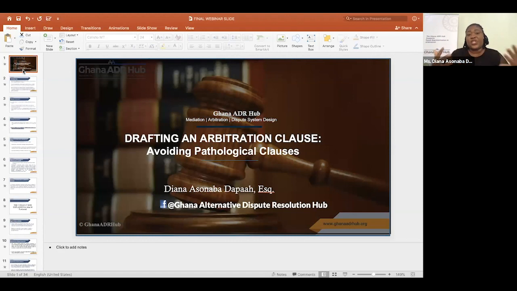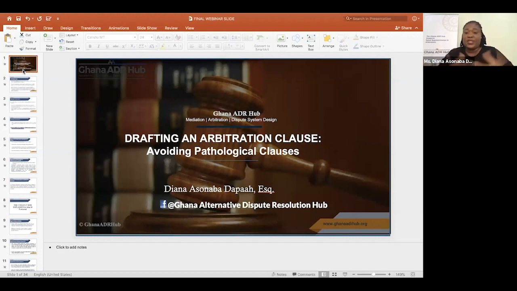It's been said that it's very difficult to define what a good arbitration clause is, but it's not as difficult to know what a bad one looks like. Let me issue this caveat now: there may not be one clause that fits all kinds of situations. The most important thing is for parties to be aware of what they expect out of the contract and how they intend to resolve the dispute.